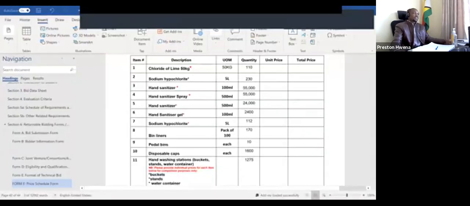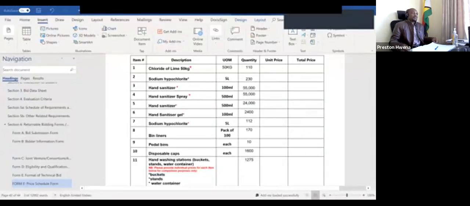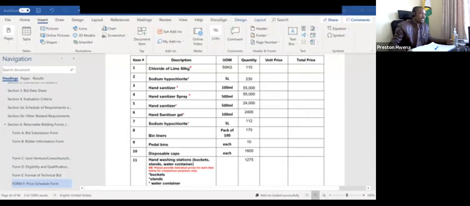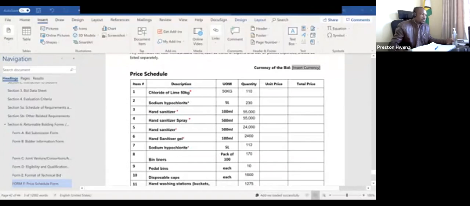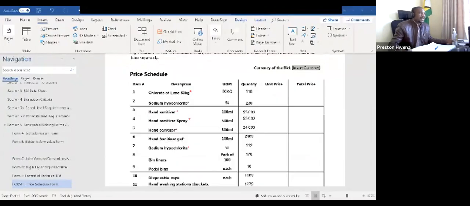This specifically should be a spray for lot 4. So please take note of that. Although they are all hand sanitizers, lot 4 and lot 5 are all 500 mils, but they are different in nature. The other one is just generic, we'll see whatever you have, but the other one should be a spray type. So please take note of that.